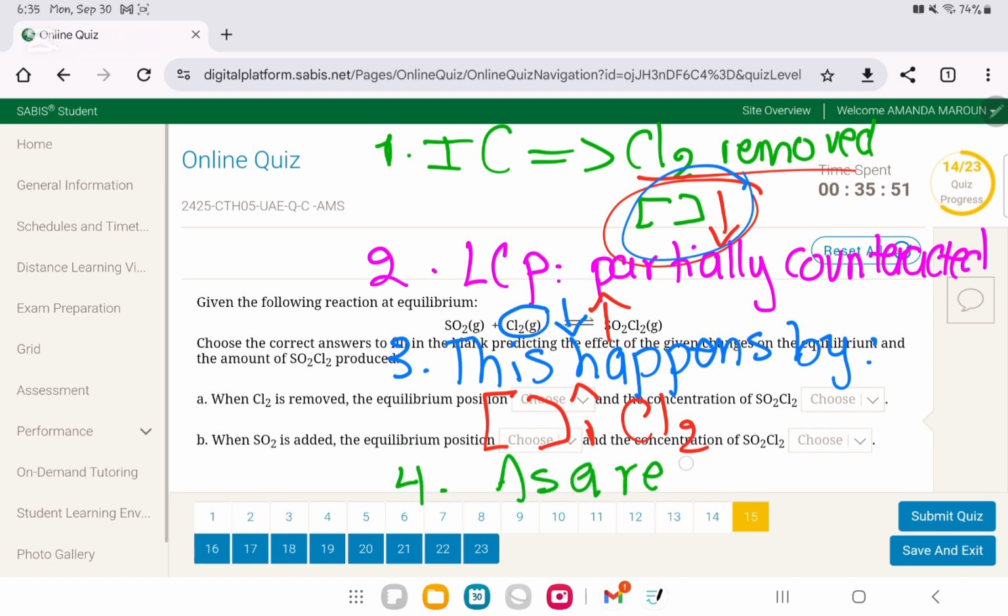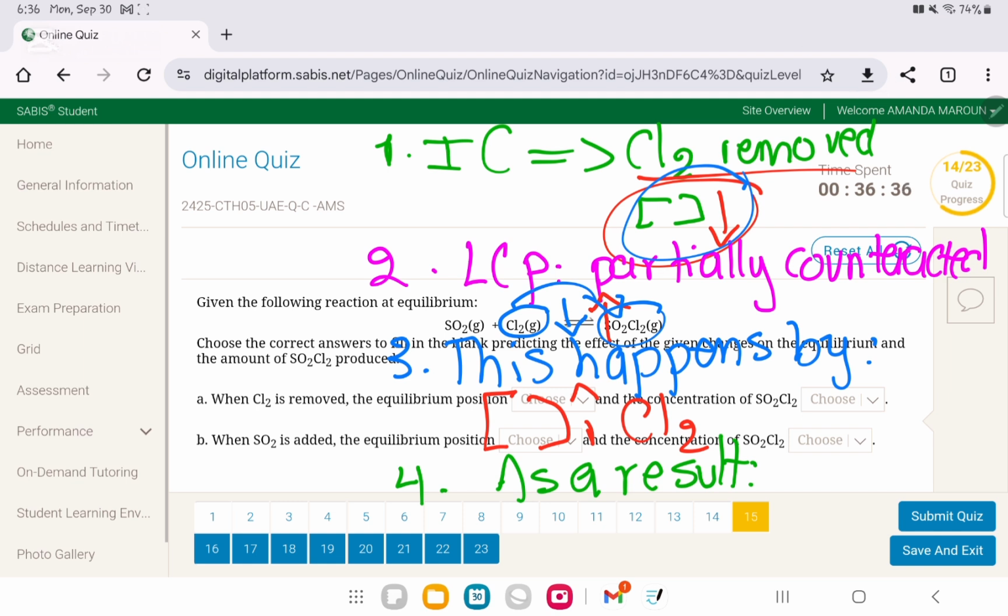As a result, since we increased the concentration of Cl2, we need to decrease the concentration of something. So we go to the opposite side, which is the product side, and we have SO2Cl2.